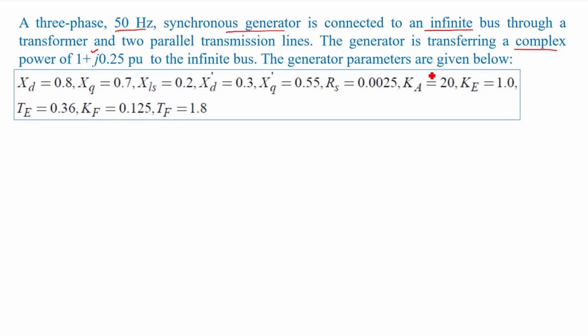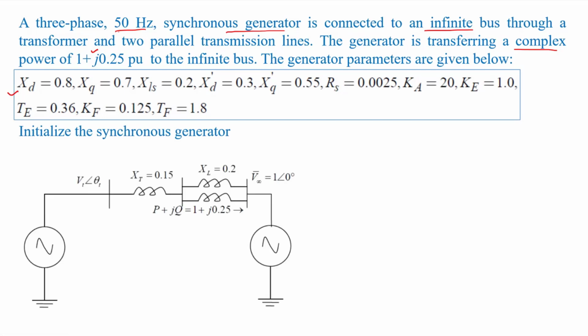Then the generator parameters are also given: Xd, Xq, Xls, all these parameters are given. Now the question is how to initialize the other parameters, which are essential to do the dynamic analysis of the power system. So initialize the synchronous generator.